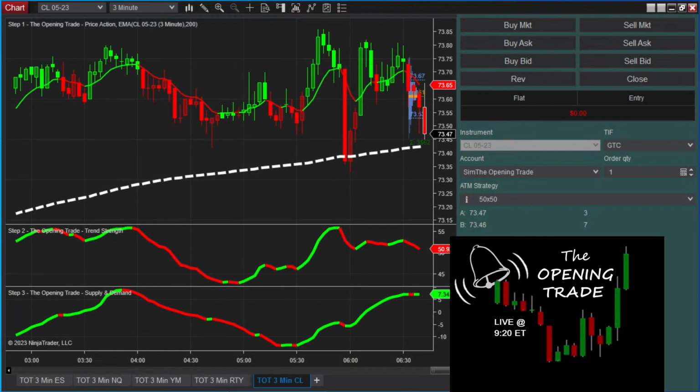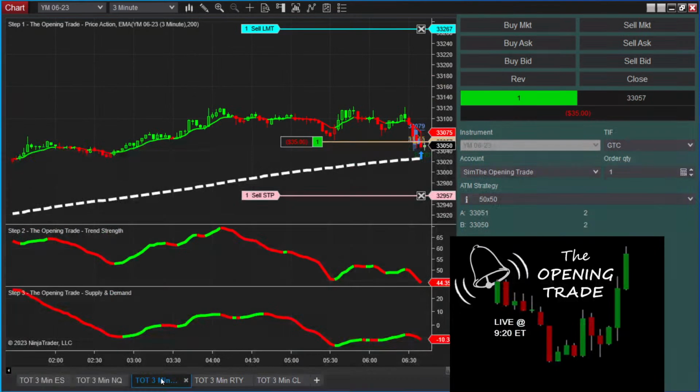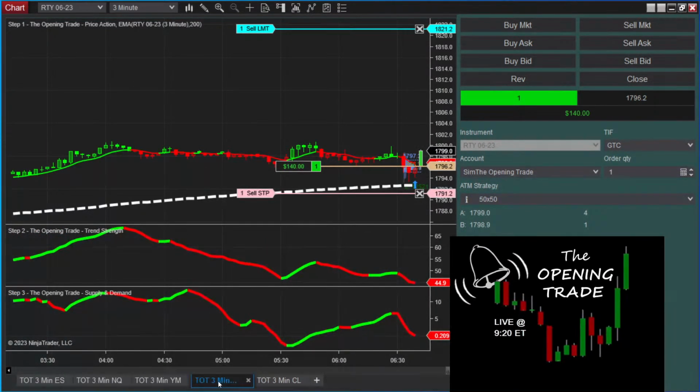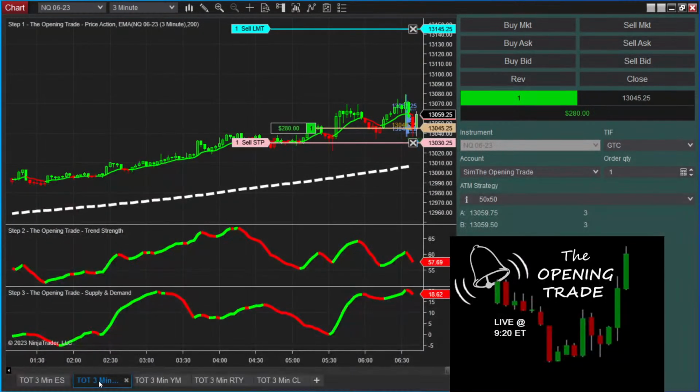And as always, make sure you do what you are comfortable with. So I'm going to be watching these four automated trades. If one starts to shoot off into a skyrocket, just like NASDAQ's doing, then I'm going to move my stop loss up.